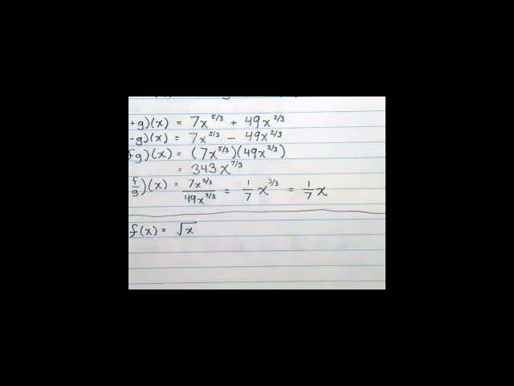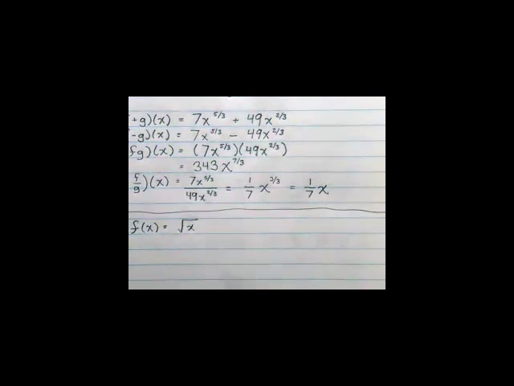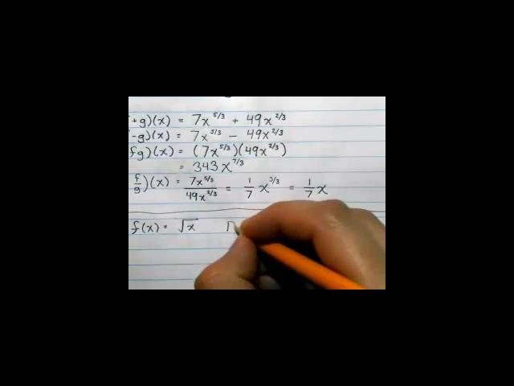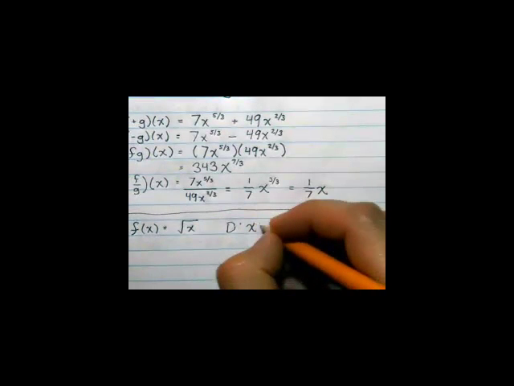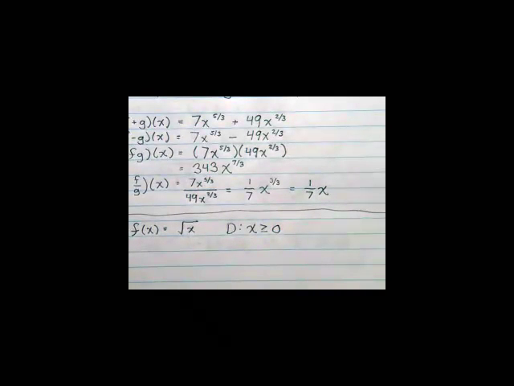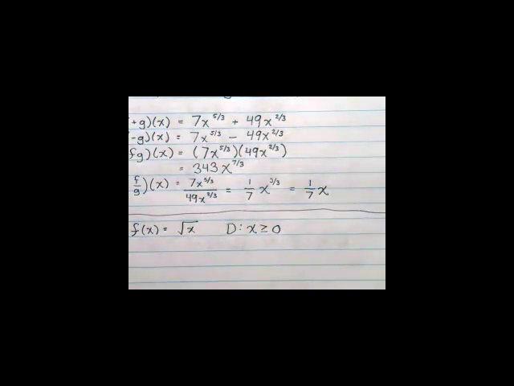Because remember, square root's asking you, what number do I multiply with itself and get this as an answer? So the square root of 0, 0 times 0 is 0, right? So that still works. So the only numbers that will work for this, the domain for this, would be x greater than or equal to 0. Does that make sense? Those are the numbers that are okay to input into a square root.